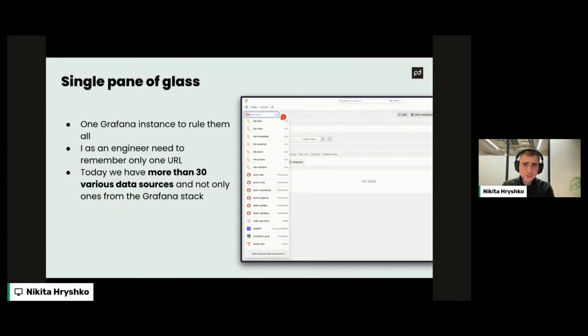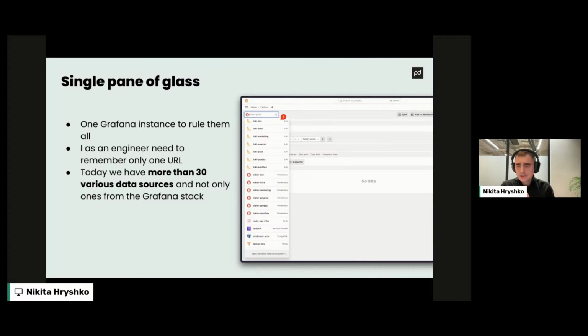What we did, we introduced a single pane of glass, one Grafana instance to rule them all with all various data sources inside. And now I, as an engineer, need to remember only one single URL with all observability inside. And today we have more than 30, of course, not that many still, various data sources, and not only ones from the Grafana stack.